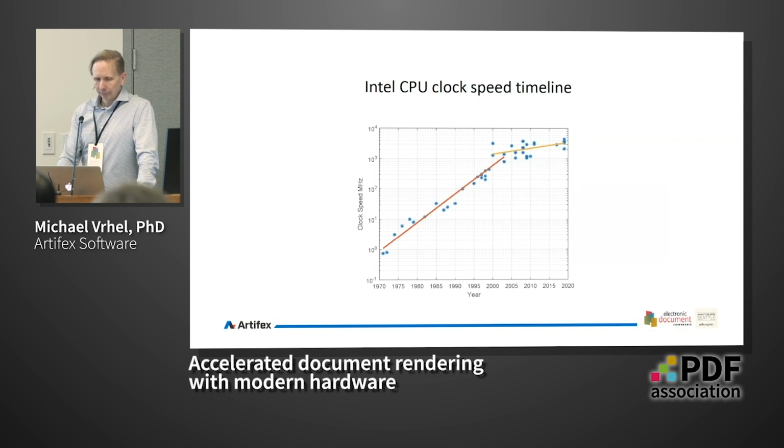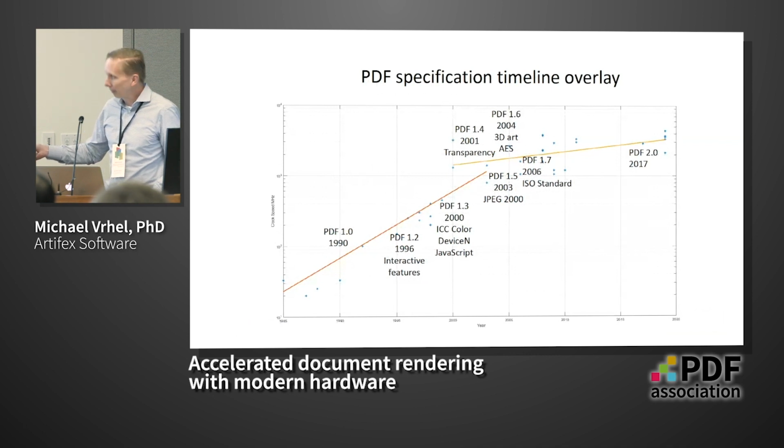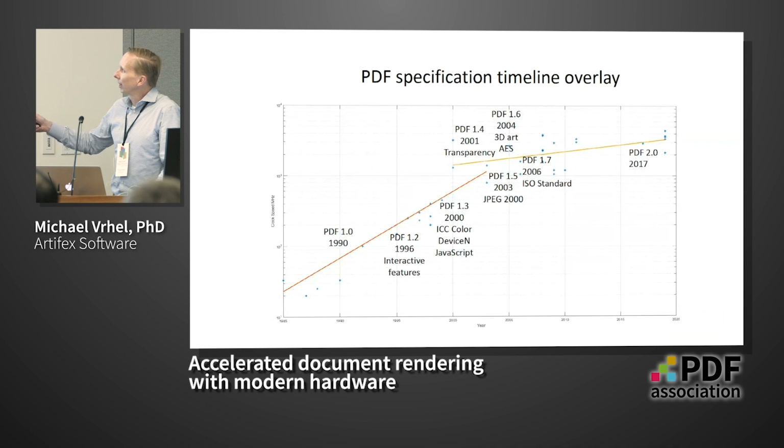It's interesting to overlay the evolution of the PDF specification on the same plot. Here we're running from 1985 till today. PDF 1.0 came out around 1990, and I've tried to overlay where things are.